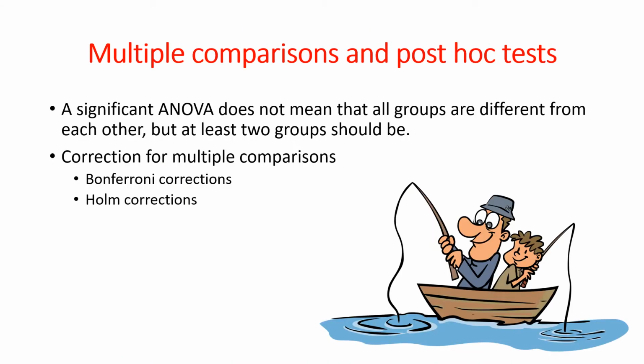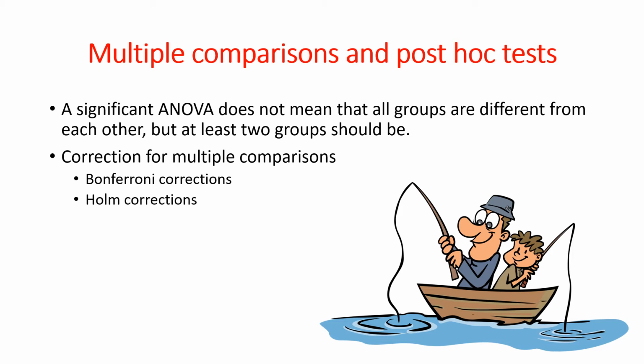A word on multiple comparisons and post-hoc tests. As I told you, a significant result in the ANOVA does not necessarily mean that all groups are different from each other. But it indicates that at least two groups are different.